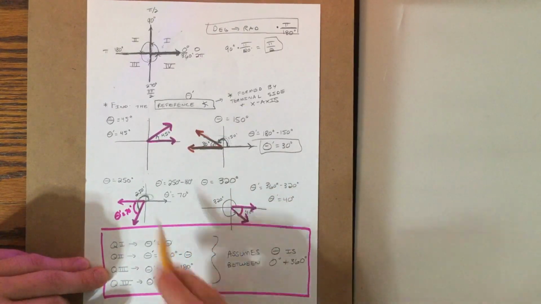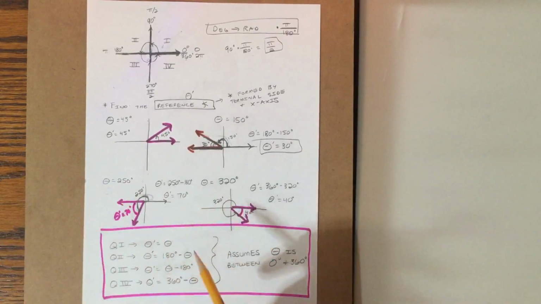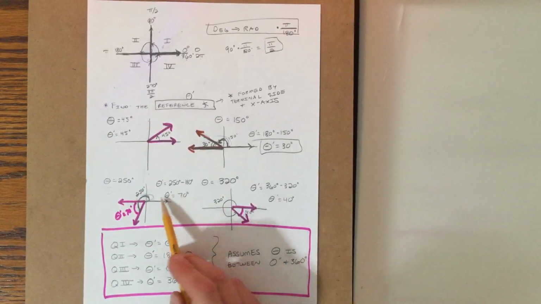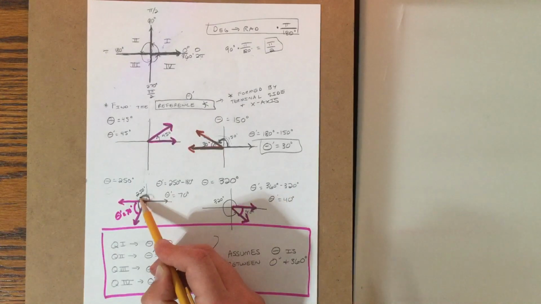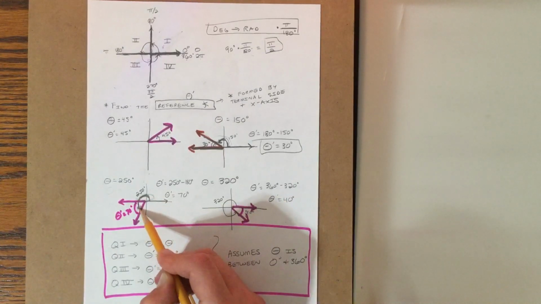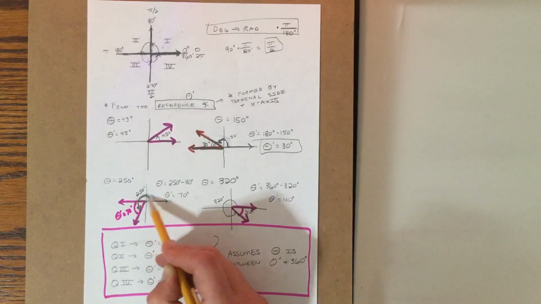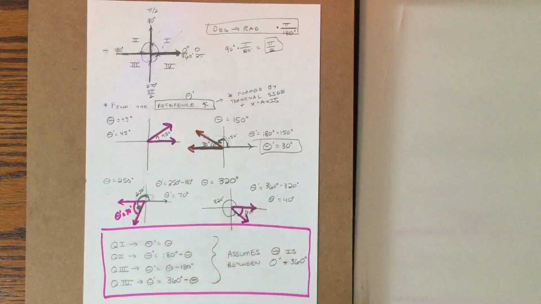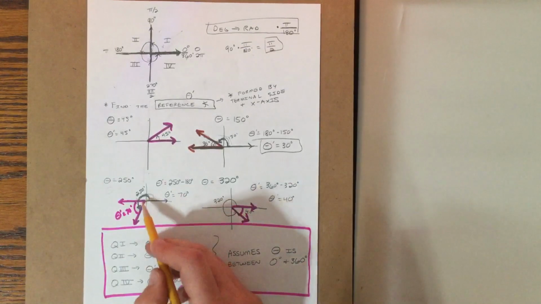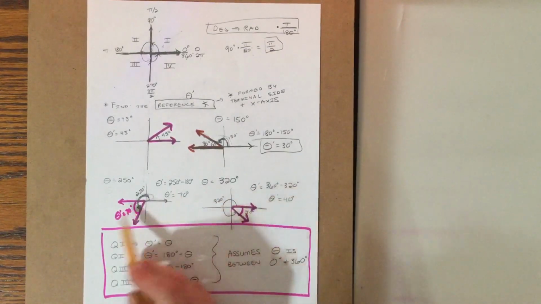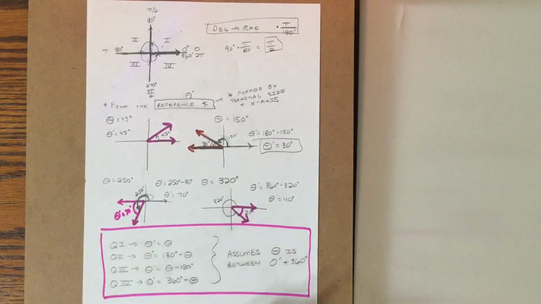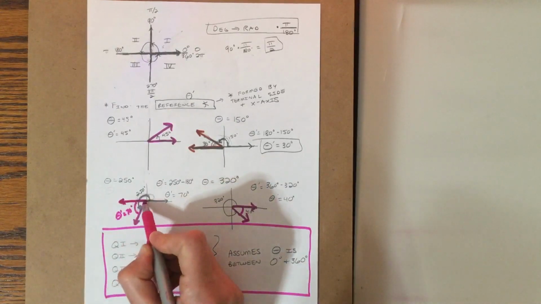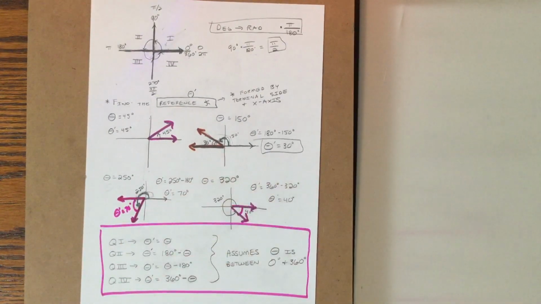All right. Moving on to quadrant 3, we can see a similar scenario here. We have a 250 degree angle, so it's rotating past the 180 there into quadrant 3. Similar but slightly different here. In this case, if we need to figure out the reference angle, again, the reference angle is going to be the angle between the x-axis and the terminal side, okay?